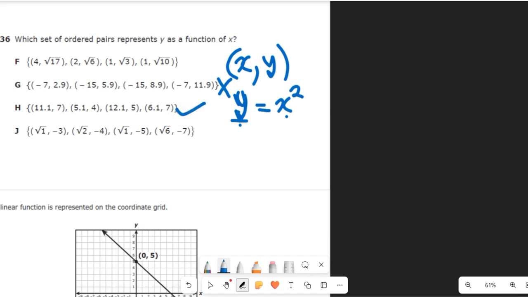Now, if we analyze the option D, you find out that we have the square root of 1, which is 1, because the square root of 1 squared will give us 1. So if you put in x as the square root of 1, you should have an output -3. And now I'm putting in the square root of 1 again, having a different output.